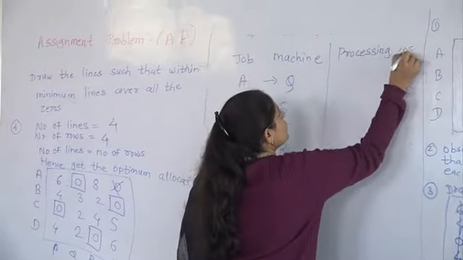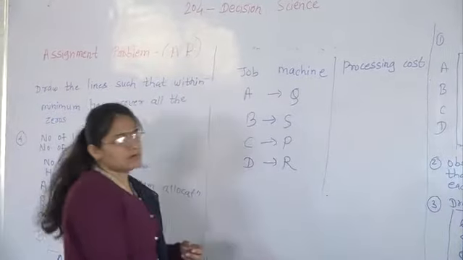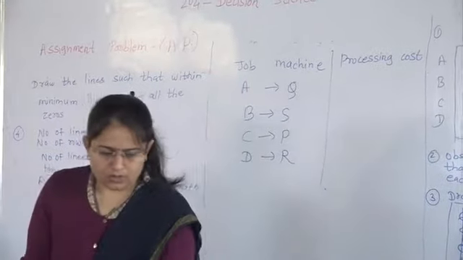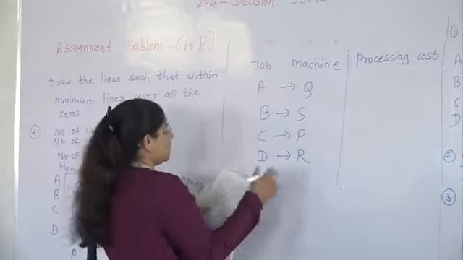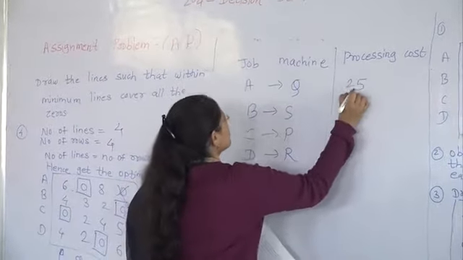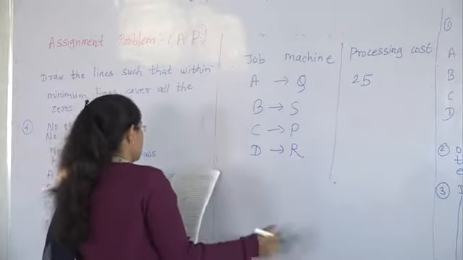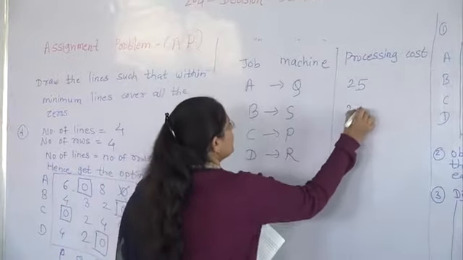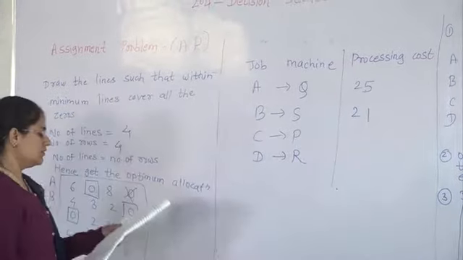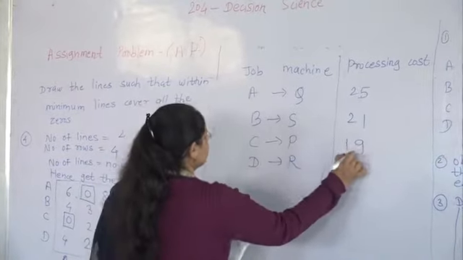Yes. In your main problem, what is the processing cost of job A to machine Q? 25. Job B to machine S? 21. C to P, 19.